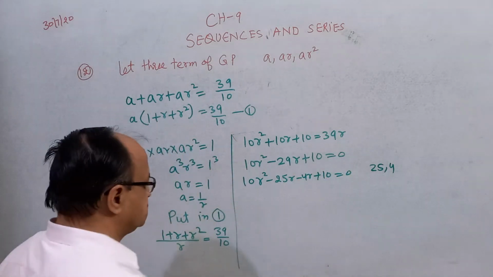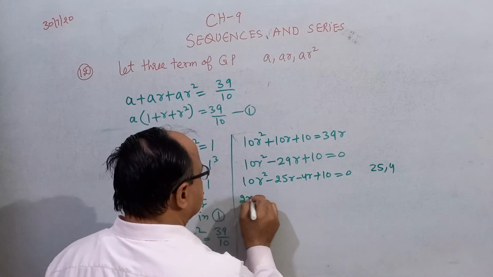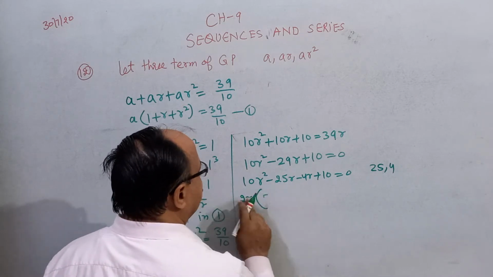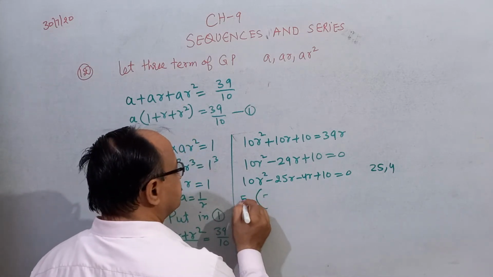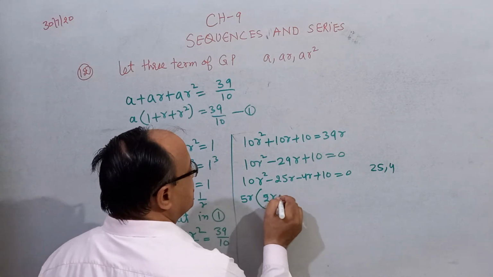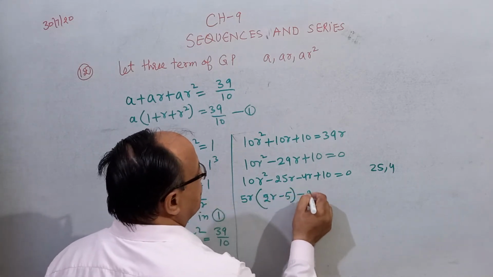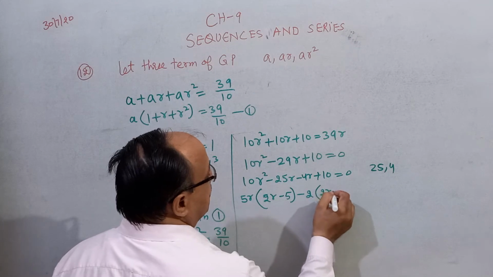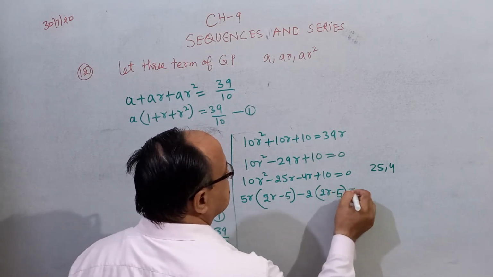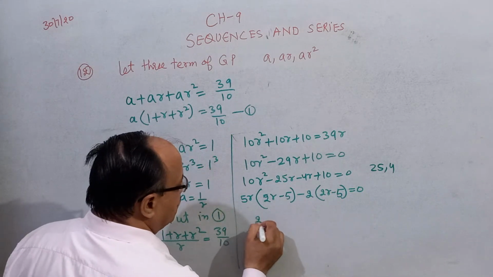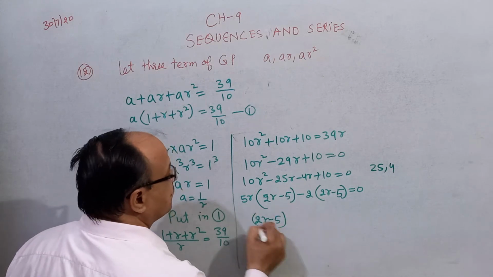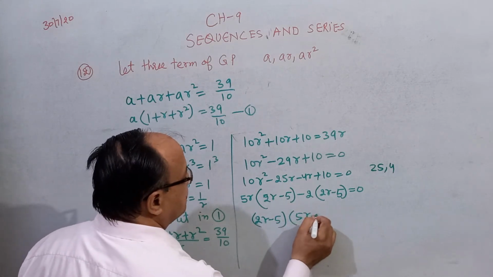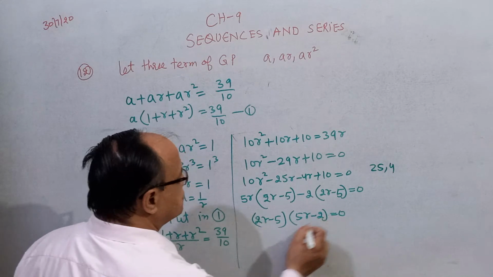Now you can take common 5R from the first two terms, that is 2R minus 5, and you can take common 2 from the rest, 2R minus 5, that is 0. Now 2R minus 5 and 5R minus 2 is equal to 0.